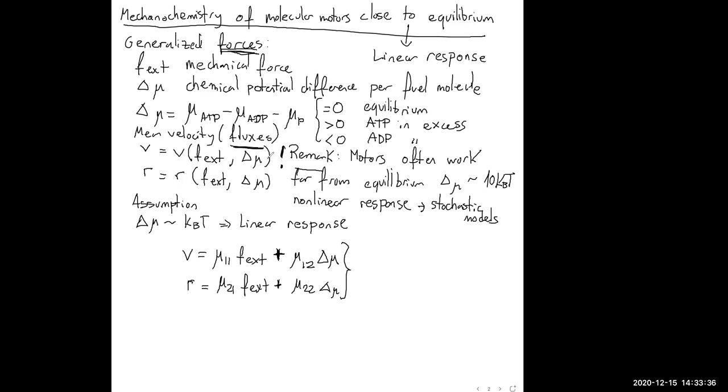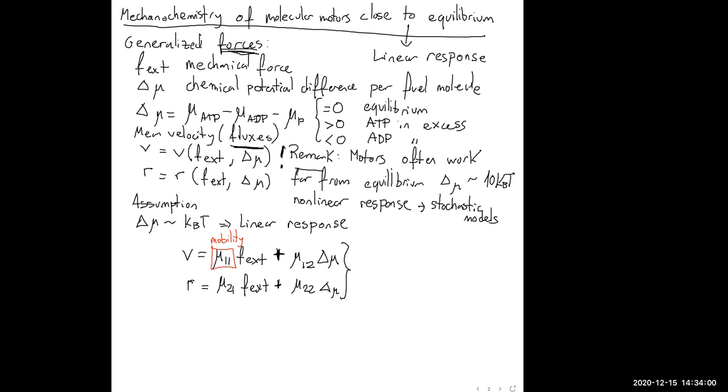And now it is important to understand what the different parameters mean. First, this one here is the mobility. Remember, when we have F proportional to V, usually you write F equals gamma V. Gamma is the friction, so the inverse of a friction is a mobility.